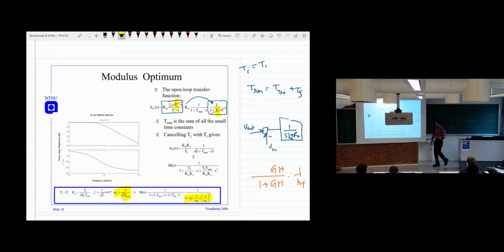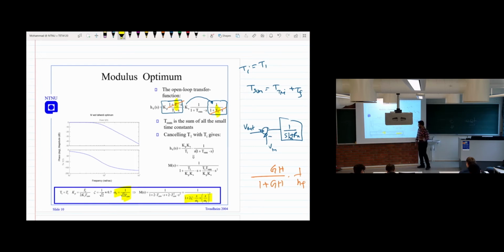Setting this damping is a standard way to tune a parameter of a second order differential equation. We put the damping as 1 over square root of 2, and we already know this Ti equals T1. Then comparing this equation to that, if we solve for Kp, you will get Kp like this, which is T1 over 2Ks multiplied by T sum.